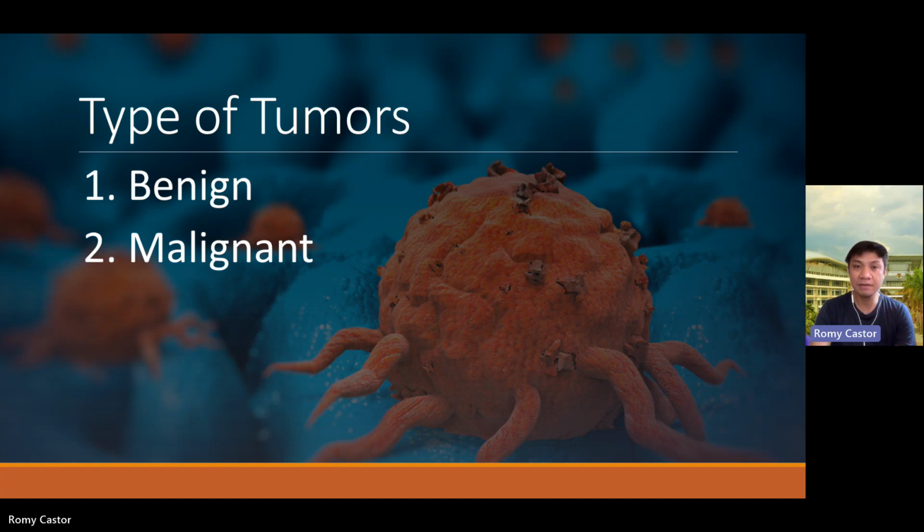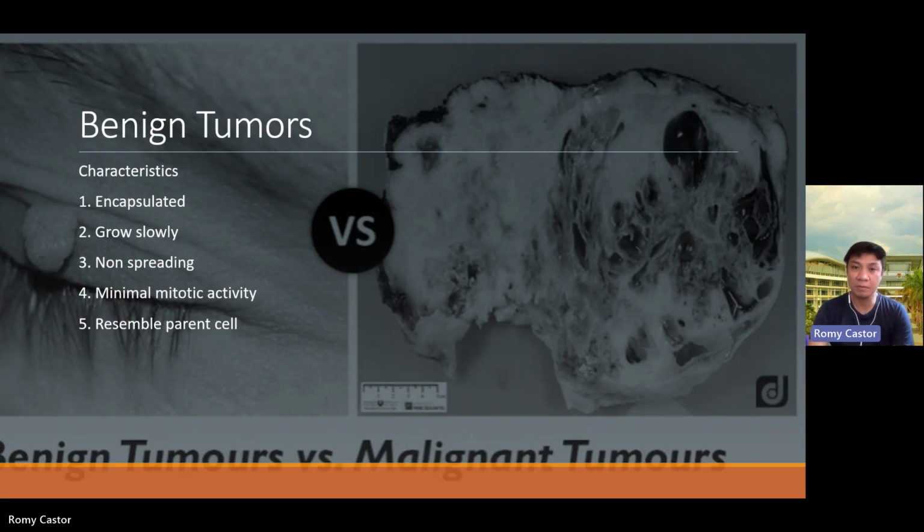Okay, then we have the classification of the tumors. We have benign and malignant. Characteristics of our benign tumors: number one, encapsulated. When we say encapsulated, it's only in place, in situ, inside. The second one, slowly growing. Third, non-spreading, so it does not go to other parts of our body; it does not metastasize.